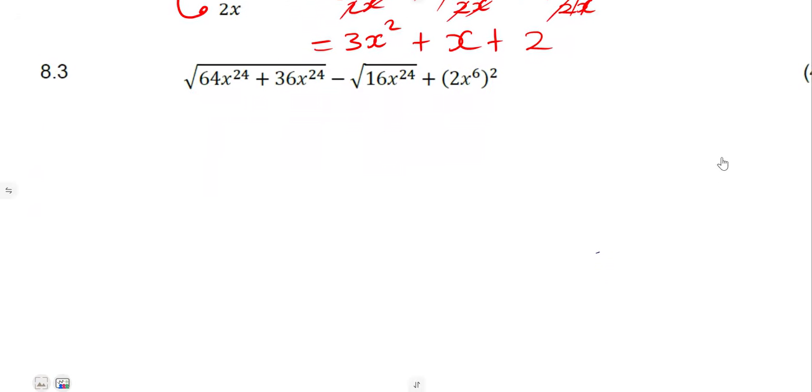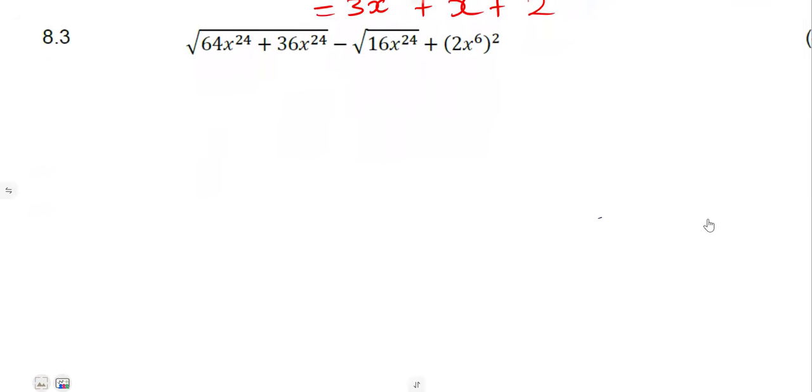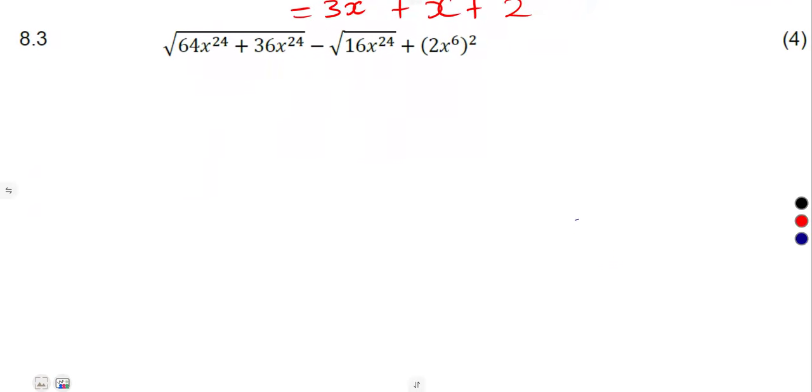Then simplifying 8.3, that was 4 marks. The square root of these, they are like terms, guys. X to the exponent of 24, they are the same. So we can simply add the coefficients that we are given, which is 64 and 36. So that is 100x to the exponent of 4.